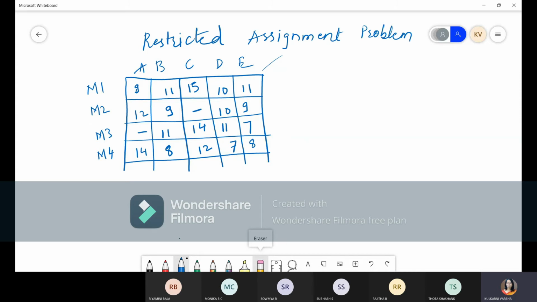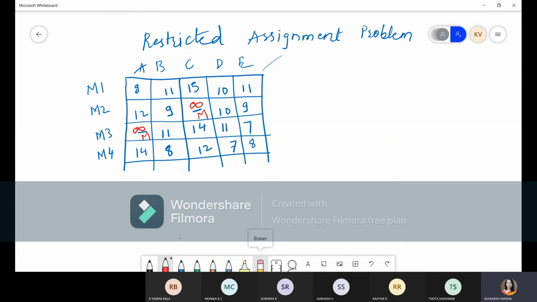Whenever such restricted problems come, you have to assume this value as infinity, or you can mention it as big M. Big M stands for a very big value.